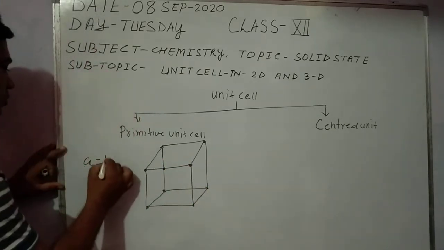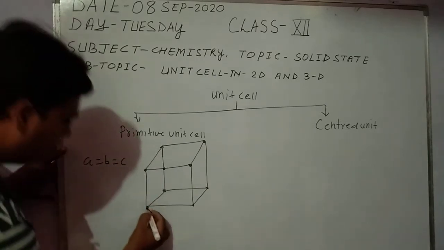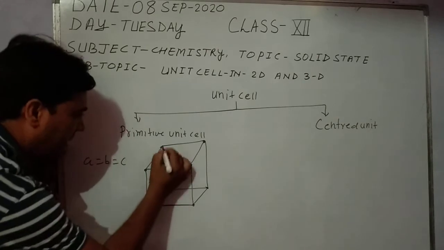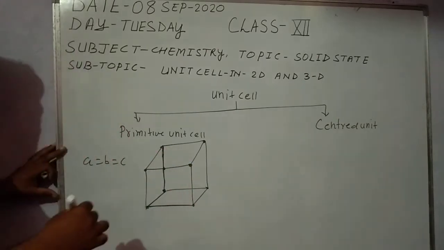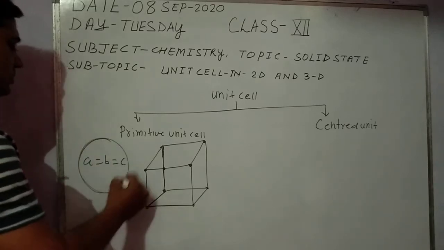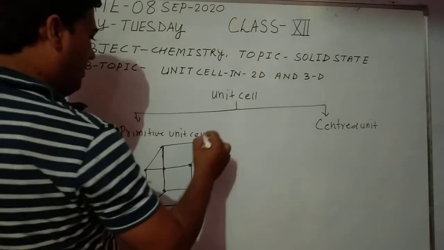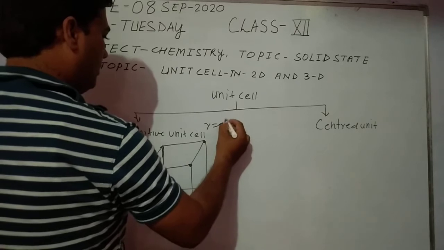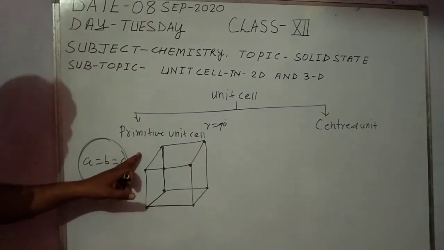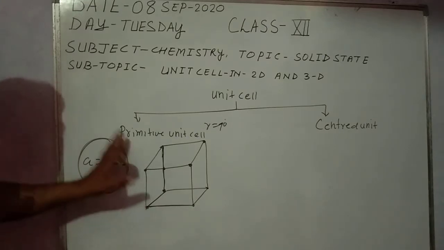A is equal to B is equal to C. This is the length, this is the width, and this is the height. So in primitive unit cell, A is equal to B is equal to C, and gamma is equal to 90 degree, and lattice points are present at the corner.